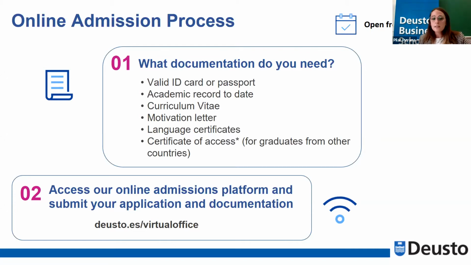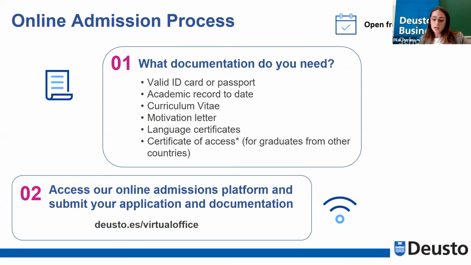This is just a letter that validates that your bachelor's or your undergraduate studies are valid and would allow you to pursue a master's degree in the same country. This document we will touch on in further detail a little bit later on in the presentation, but if you have any questions regarding these specific documents, again, please feel free to leave them in the question and answer tab.